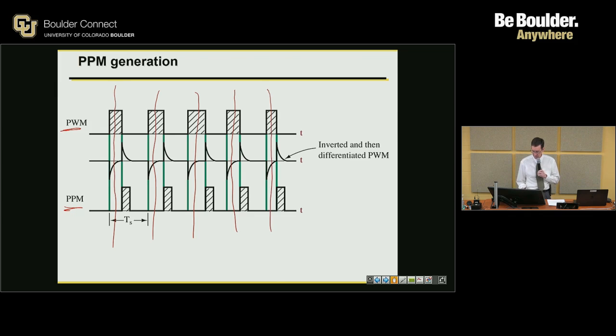And then you can see that the distance this pulse is from the center line varies a little bit. So sometimes it's close, sometimes it's a little farther away, and that's the relationship between pulse width and pulse position. And the book talks about taking this signal and inverting it to be able to do differentiated pulse width modulation.